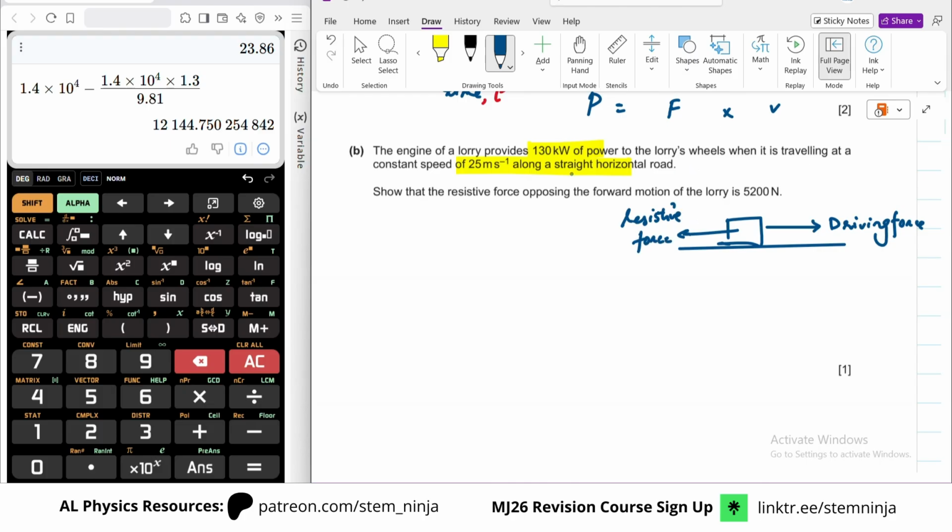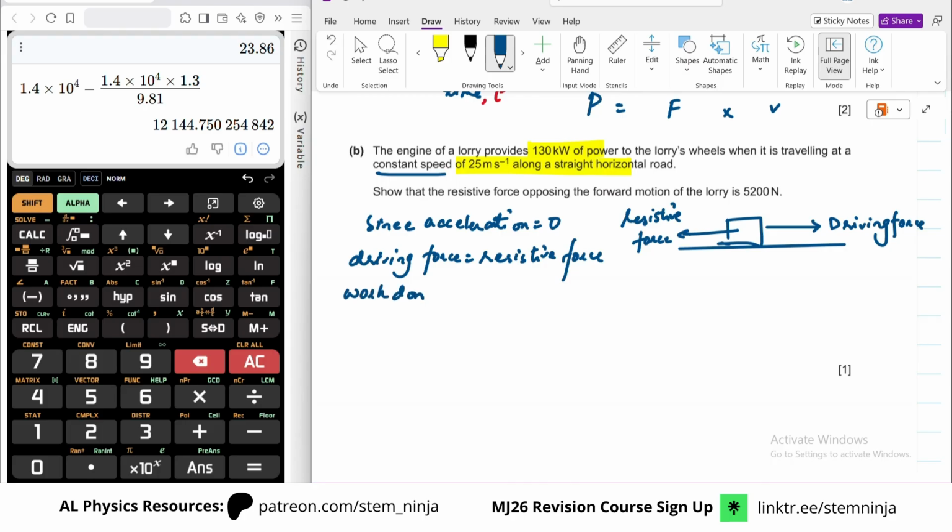Since it is moving at constant speed, acceleration is 0, so driving force is equal to resistive force, which would also mean that the work done by the driving force, or by the engine, let's say, is equal to work done against resistive force.